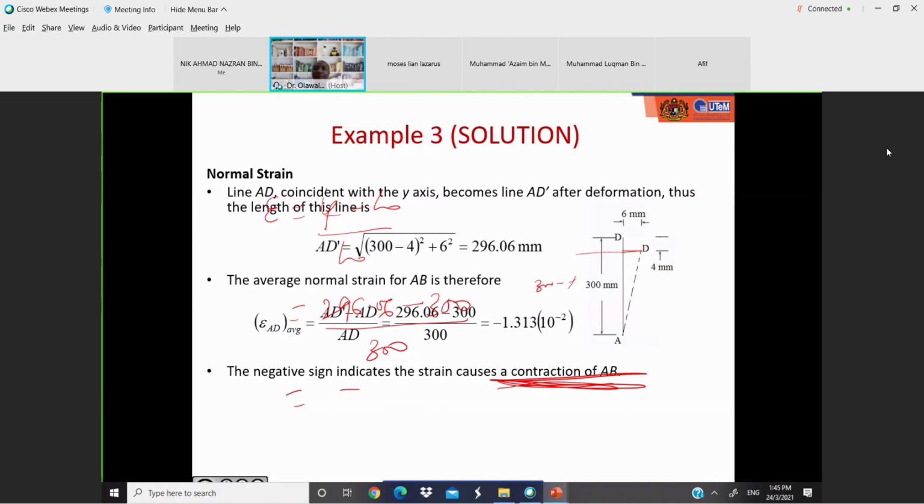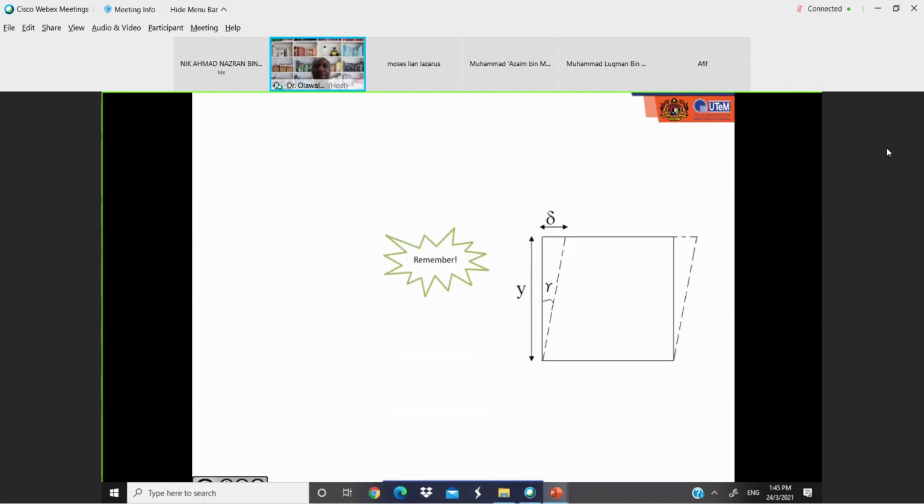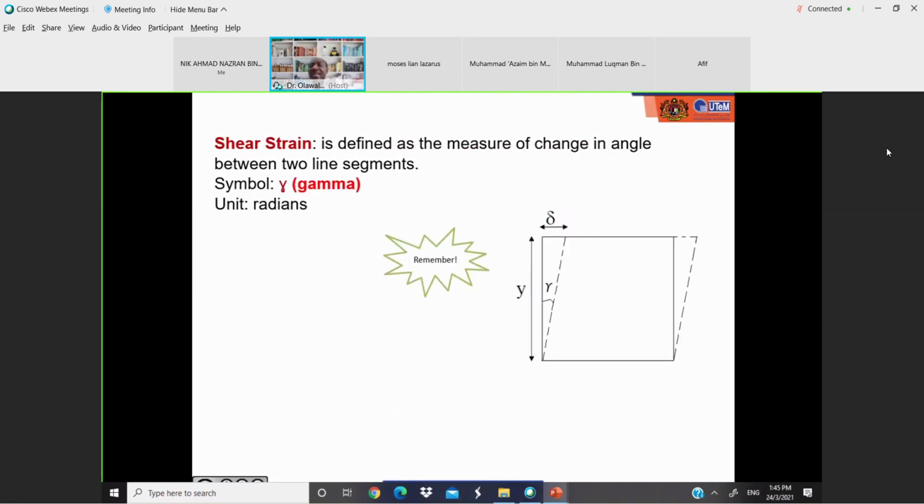okay, so the last thing I'll be looking at is shear strain. Like I said earlier, shear strain is change in angle. Now listen to this. Change in angle only, not change in angle divided by original angle. For normal strain, change in length divided by original length.